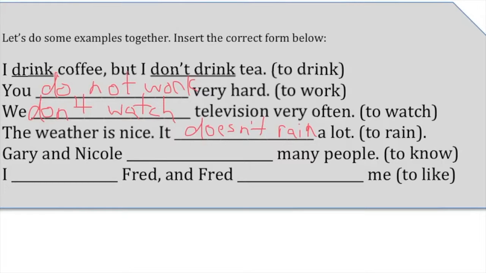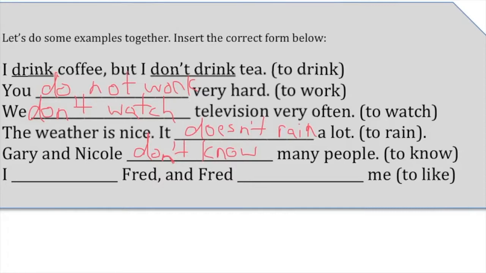They don't or doesn't? Should be they don't. And it's only know. It's they don't know many people, not they don't knows. The answer is not Gary and Nicole don't knows many people. It's just Gary and Nicole don't know many people. You do not need to add an S.